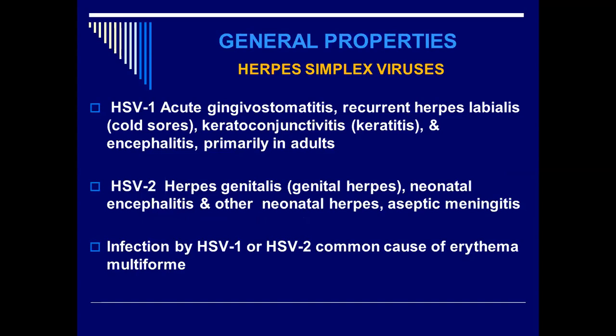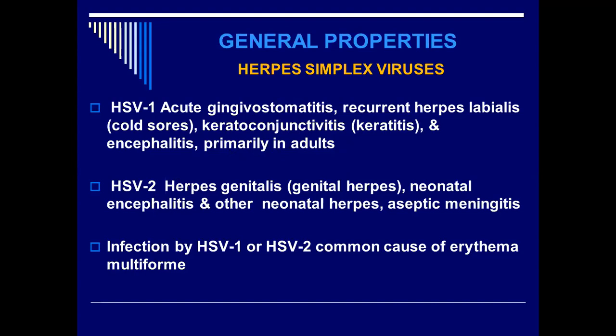Herpes simplex virus 1 causes almost 8 different diseases, starting from acute gingivitis, recurrent herpes labialis, what we call cold sores, keratoconjunctivitis or keratitis, and encephalitis. All of these diseases occur mainly in adults. In adults, all of these, 1, 2, 3, 4, 5, 6, and we have 1, 2 more. So the involvement of many different organs of the body gives you different pictures.